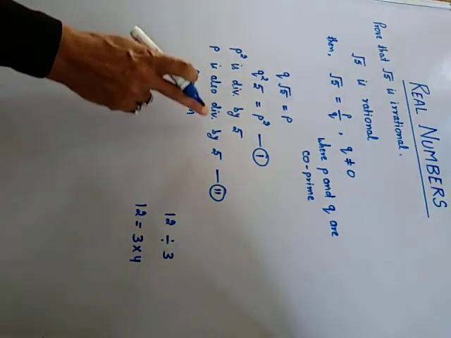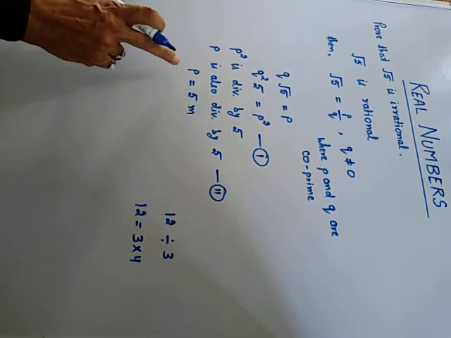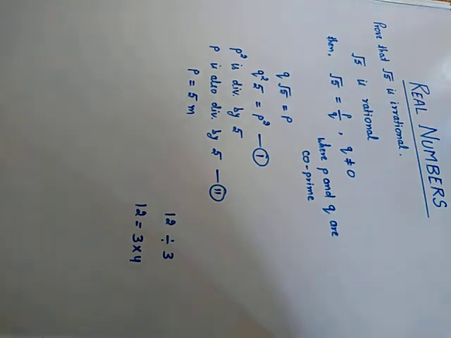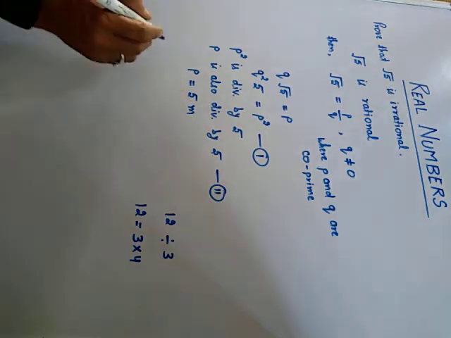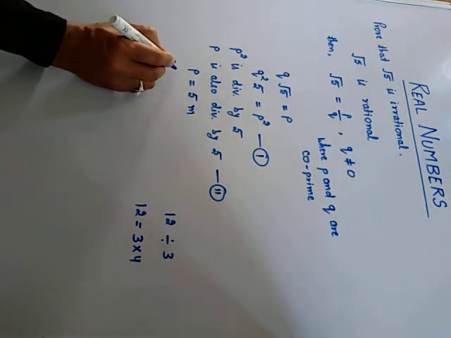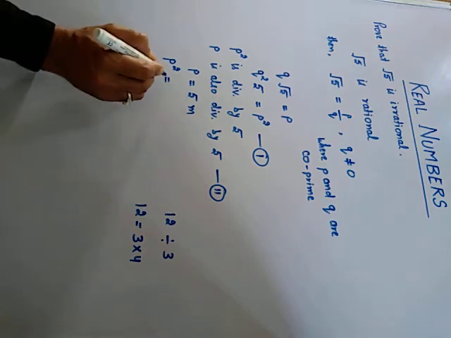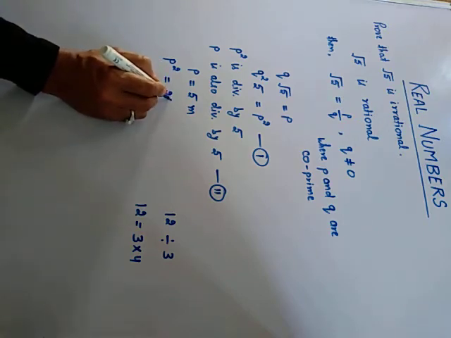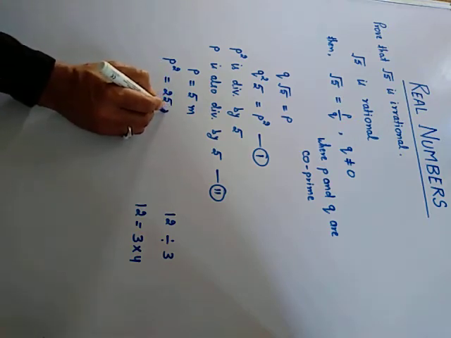Similarly, if p is divisible by 5, so we can write p equals 5m. Now again squaring both the sides, we will get p square equals 25 m square.